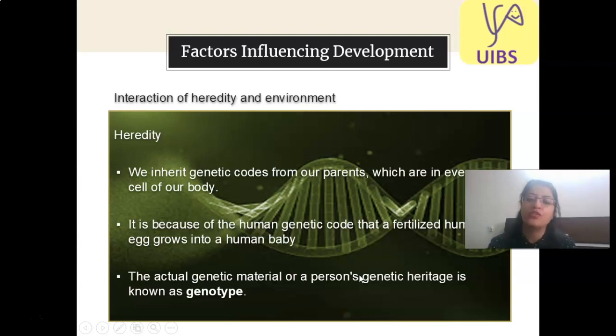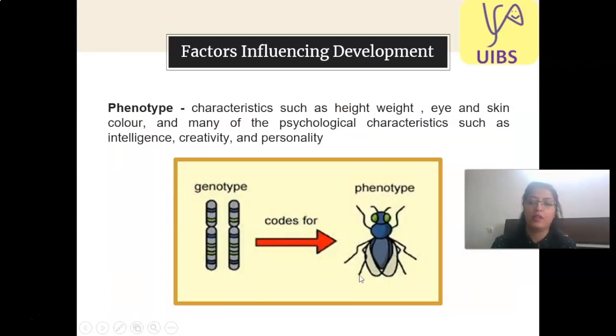The actual genetic material or a person's genetic heritage is known as genotype. So we call it genotype. Now there is something else which is called phenotype. Phenotype are those characteristics which are intelligence, creativity, height, weight, eyes, skin color.